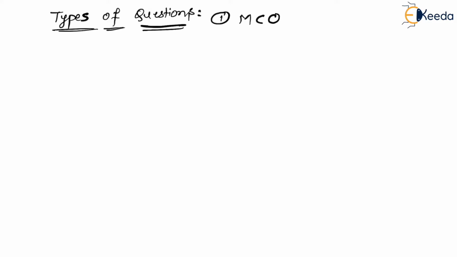Now see here, let us think of the types of questions that are asked. In this you are going to have number 1, MCQ type questions, number 2, MSQ questions, and number 3, NAT questions.